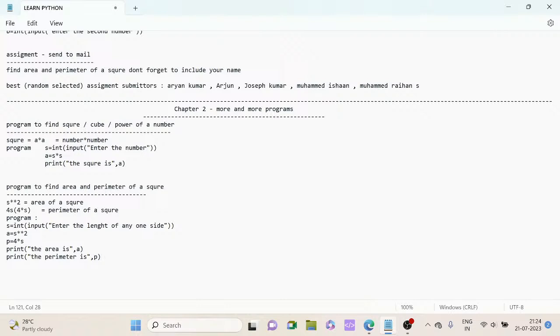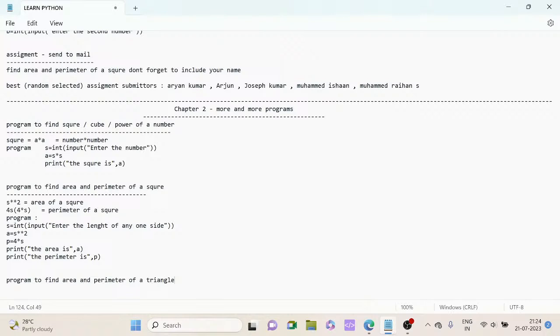Okay, so the next thing is the program to find the area and perimeter of a triangle.